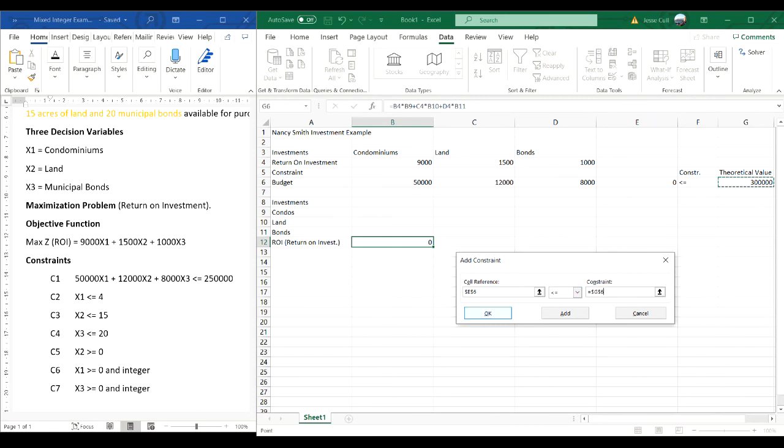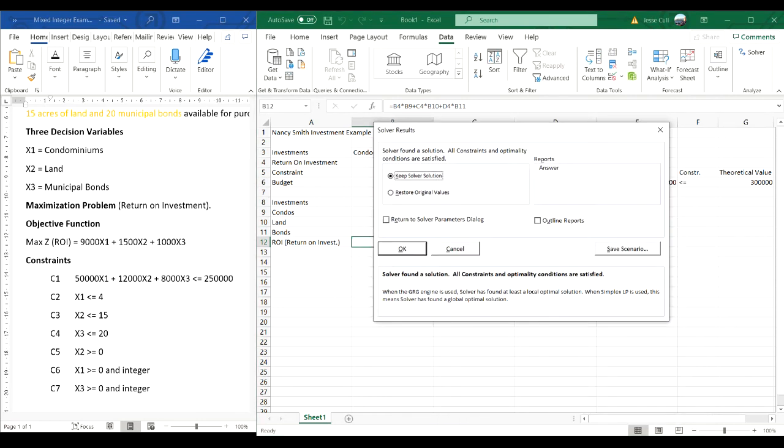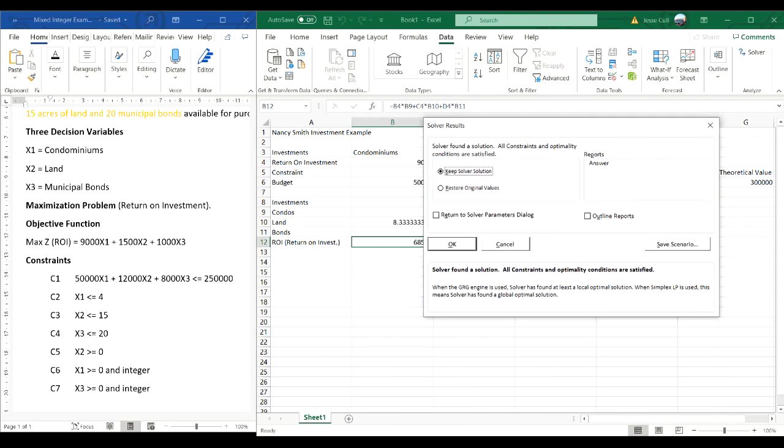We hit OK. And now all of our constraints are manually entered in. We've solved everything. So we're going to, as always, hit the solve button. The solver found a solution, all constraints and optimality.